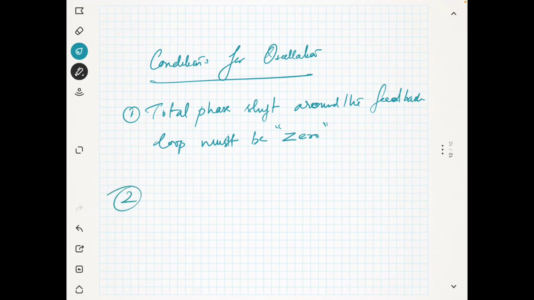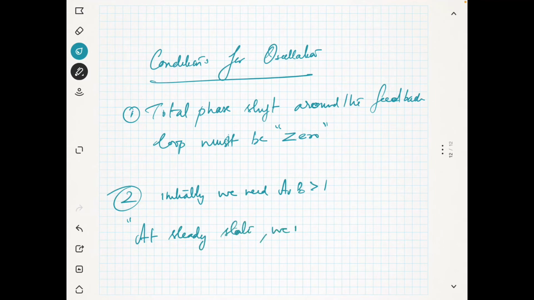And the second part that we have seen now is that initially we need Av into B greater than 1, and at steady state, that's the main thing, we need Av into B equal to 1.